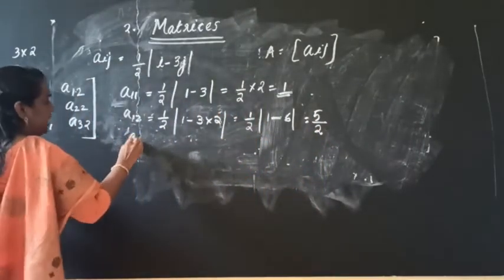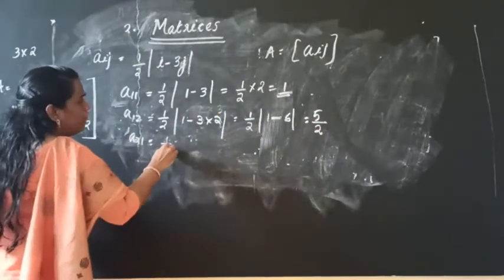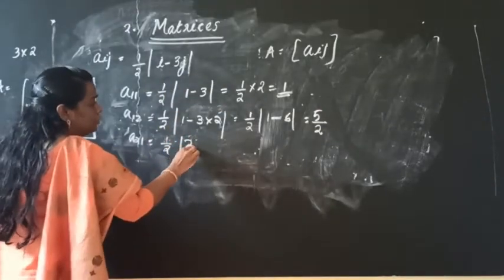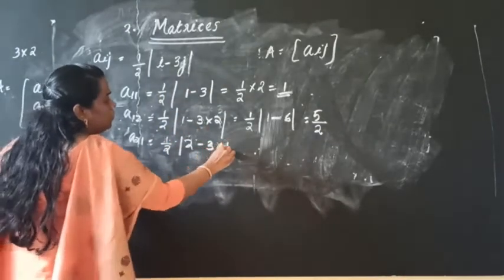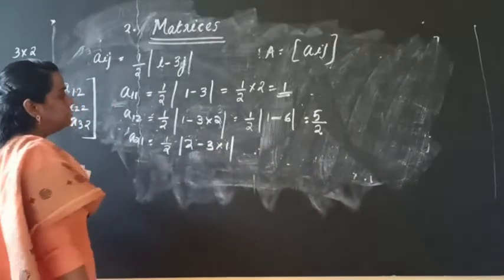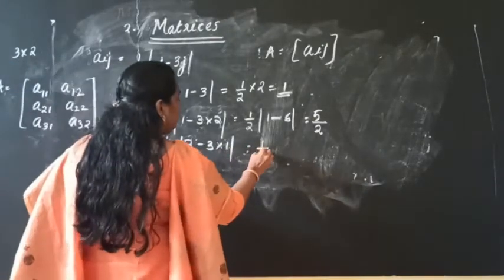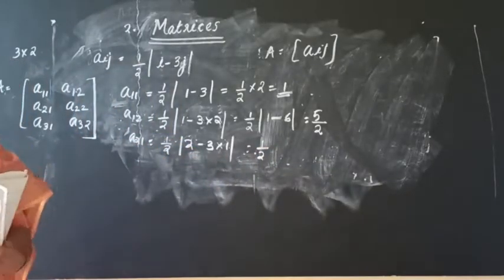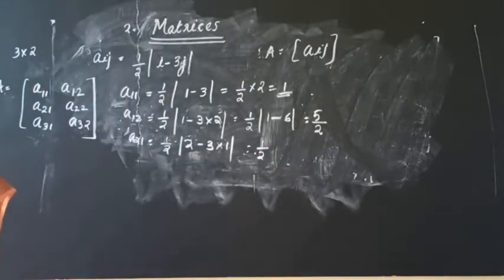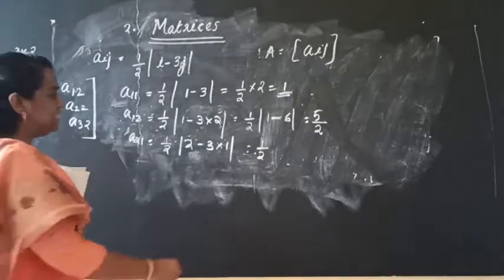Similarly, what is A21? Half of modulus of 2 minus 3 into 1, that is half of modulus of 2 minus 3, which is minus 1. When we take the modulus, it is 1.